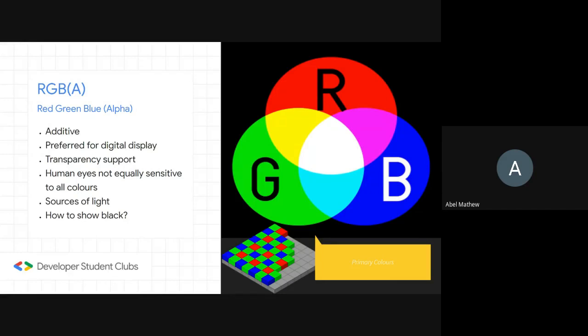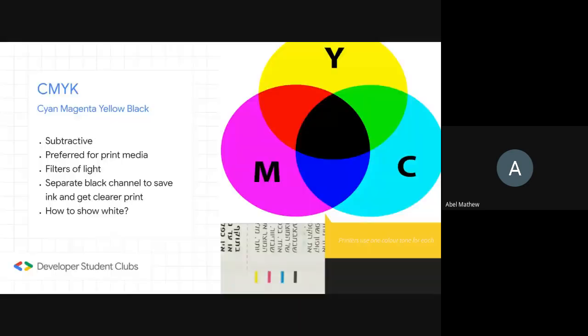On the top we have green and red alternating. So if we take any random space, we have twice the number of green than red or blue. This is done intentionally because we are more sensitive to green light. And that's an example of how we perceive it. So let us move on.